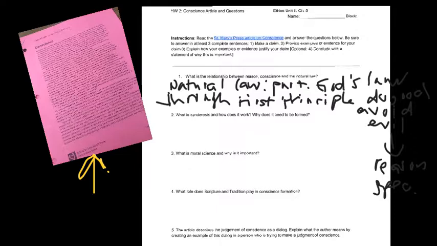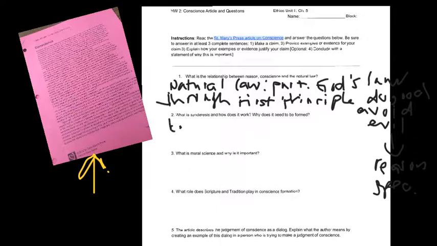What is synderesis and how does it work? Why does it need to be formed? This was an interesting question. Synderesis is sometimes equated with the conscience, but they're slightly different.